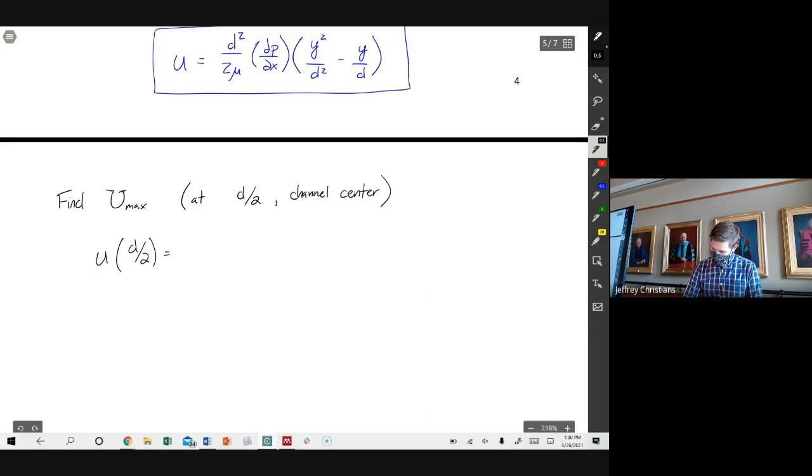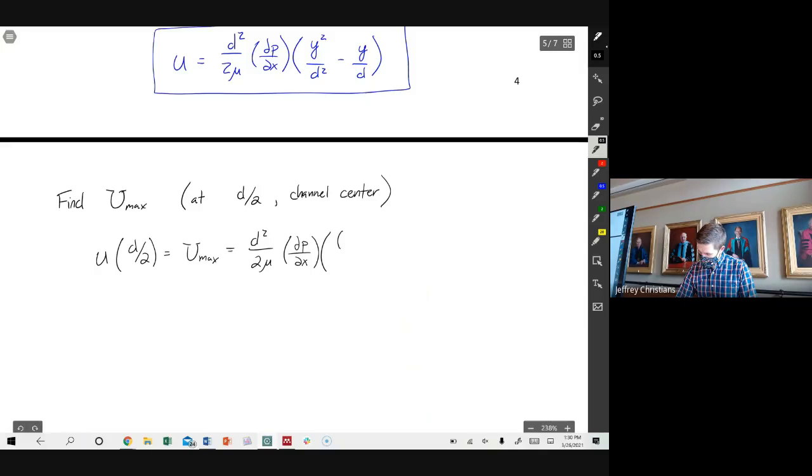Okay, so if we want to evaluate U at the center position at d over 2, that's going to be equal to d squared over 2 mu dp dx, all of our constants. And then we're going to plug in d over 2 everywhere that we see y.